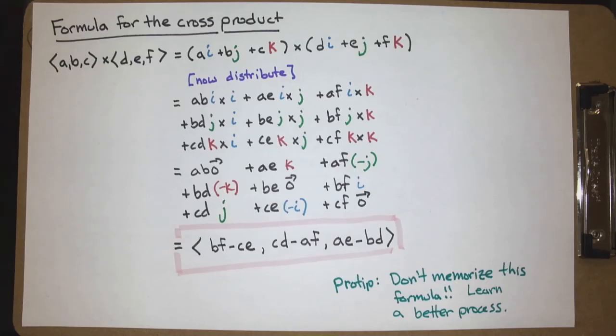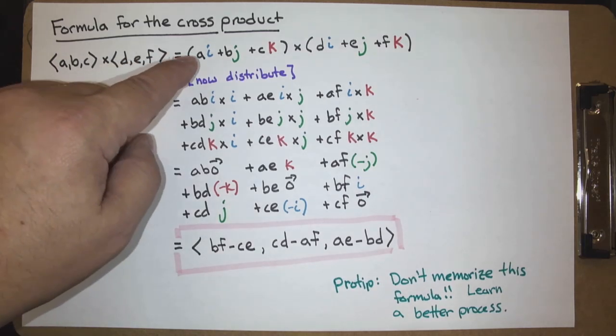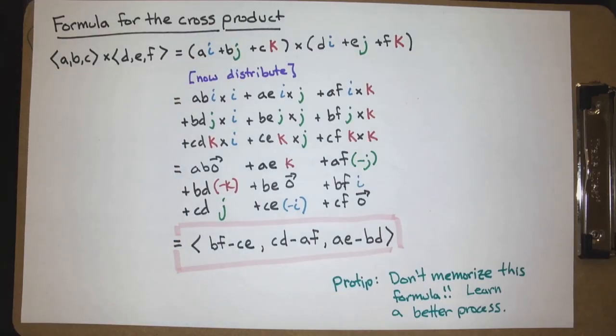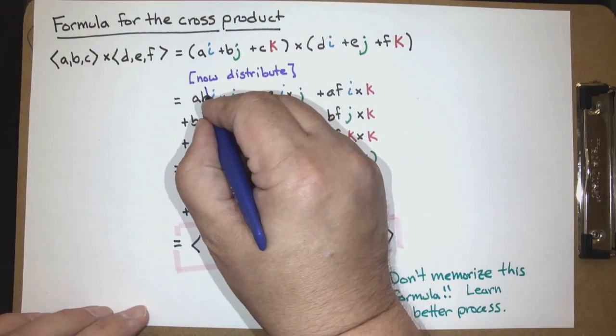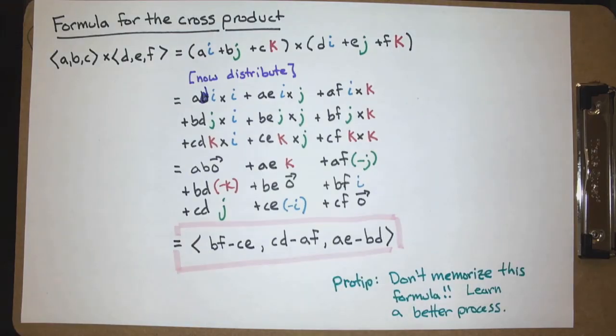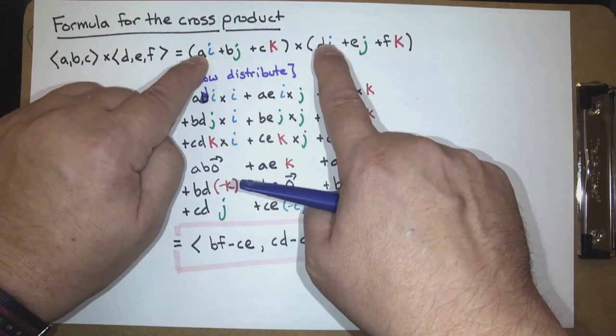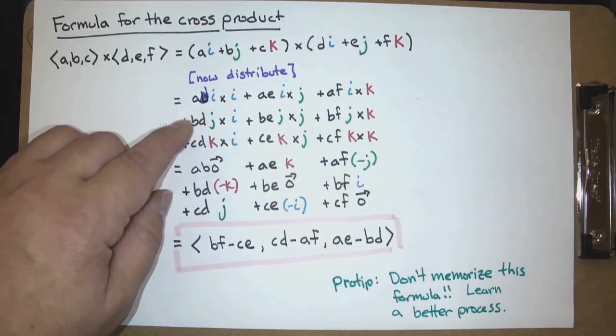I take everything from the first combined with everything from the second. I'm going to end up with 9 possibilities. So things like I have A times i and D times i, and I cross those: AD, i cross i.